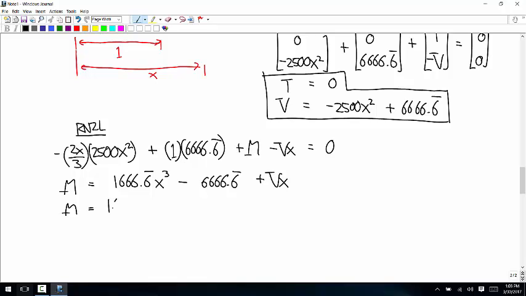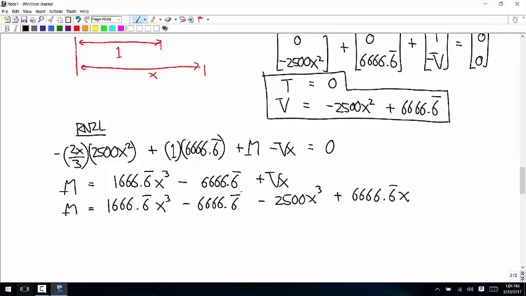M is equal to 1666.6 repeating x cubed minus 6666.6 repeating minus 2500x cubed plus 6666.6 repeating x.